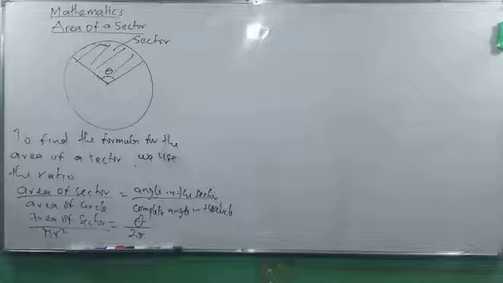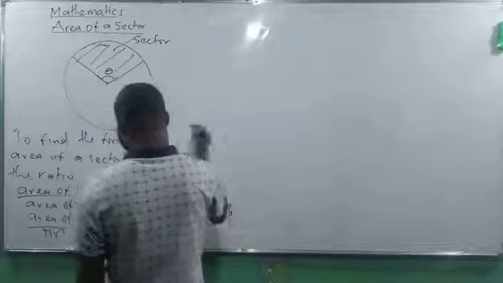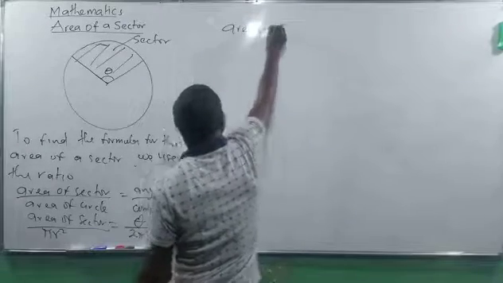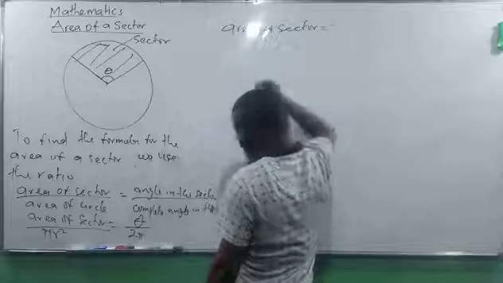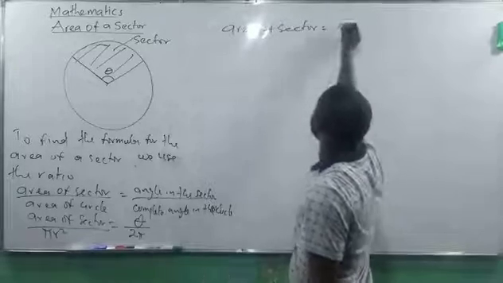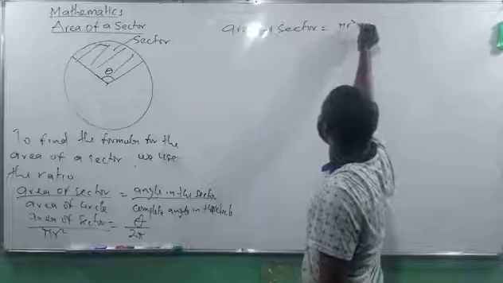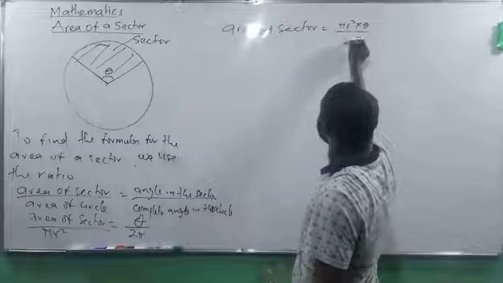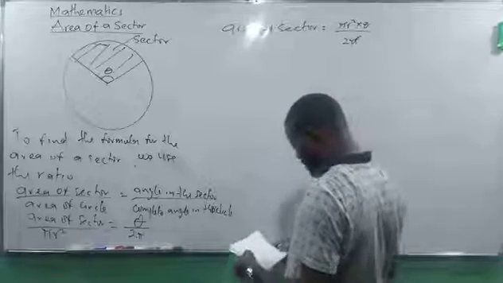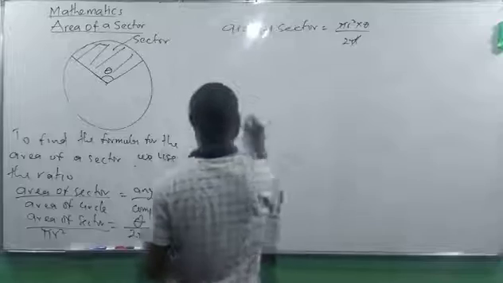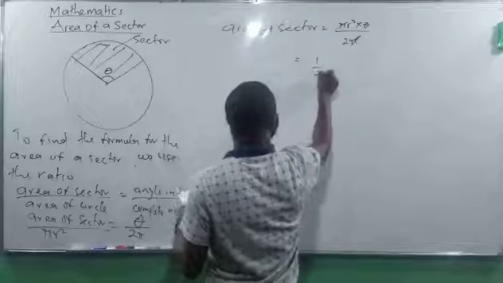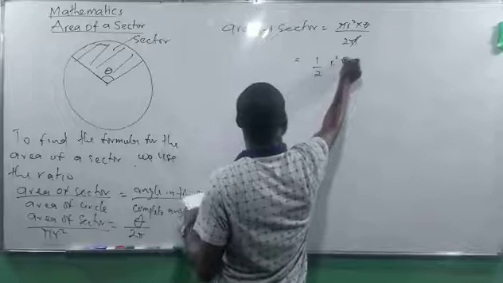Now, by so doing this, when I cross multiply, I'll be having area of sector equals to pi r squared multiplied by theta divided by 2 pi. This will cancel this, and by so doing this, my area of sector will be equals to 1 all over 2 r squared theta.